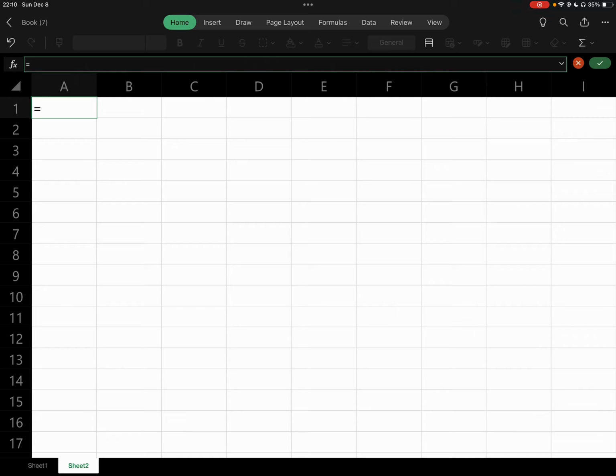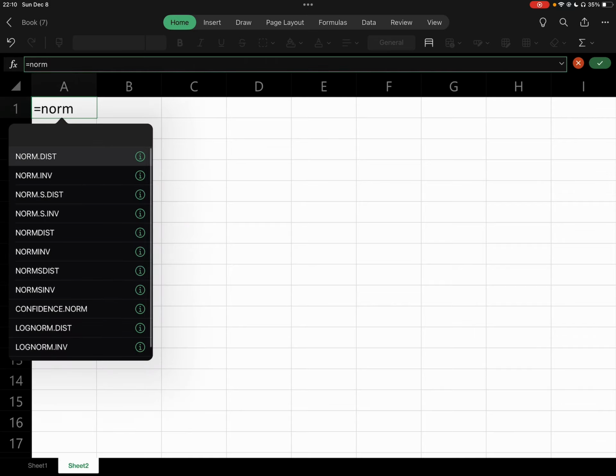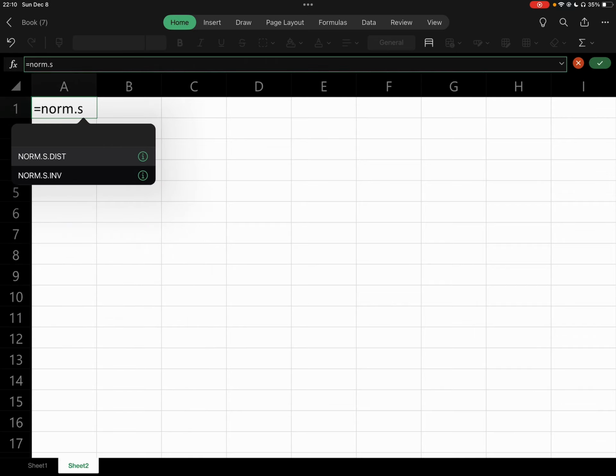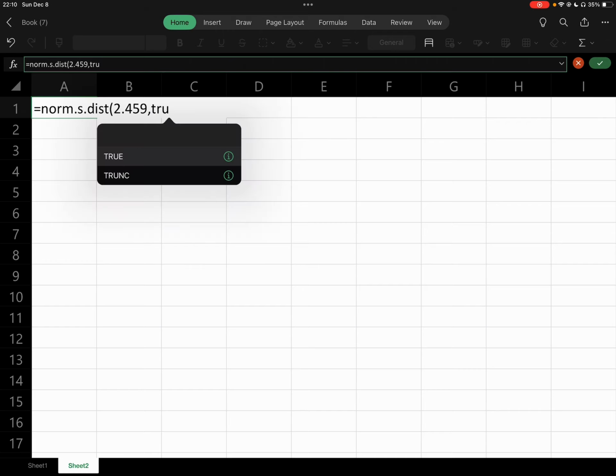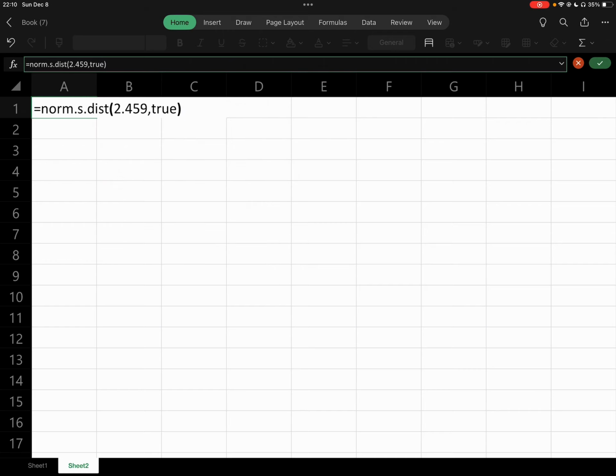All right, so I do equals norm.s.dist, and then 2.459 was our z-score, comma, true. And that's all we have to type in to get this probability.